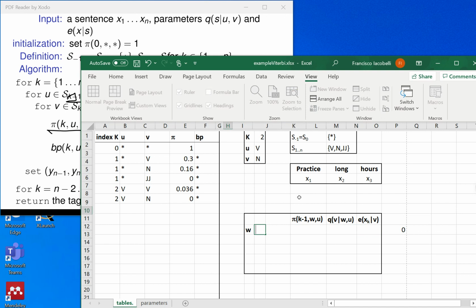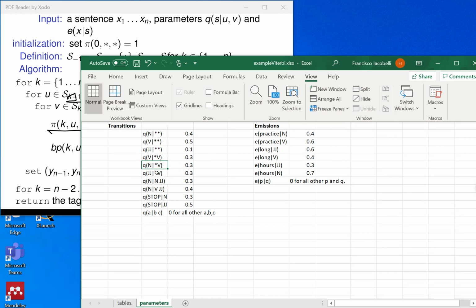Now we loop again. The next element here is JJ, right? W is still looping through S0, so it's going to be a star, and we're going to look for pi of 1 star V, which is 0.3. We're going to look for Q of JJ given star V, and if we look at the parameters, JJ given star V is 0.3.